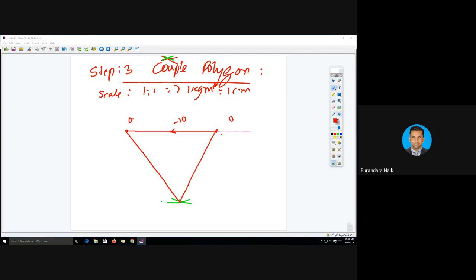And if you extend this line, see, this is 7.2, right? 7.2 minus 7.2.